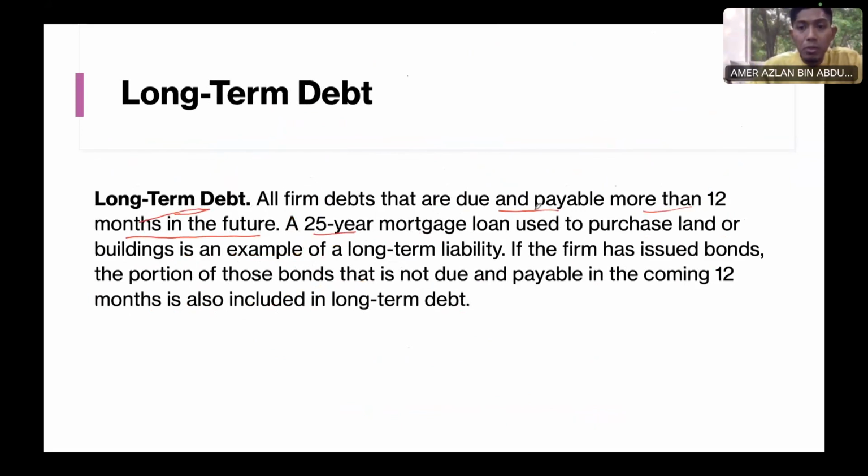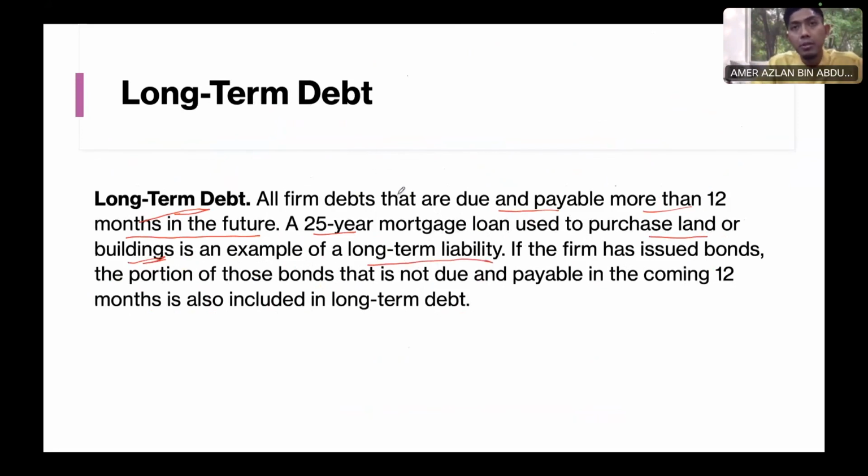This money is to be used to purchase your land or a building. Normally the value is much bigger, maybe 1 million or maybe 20 million. So it's a long-term debt, high in value, to purchase fixed assets like land or buildings or equipment. These are examples of long-term liability.